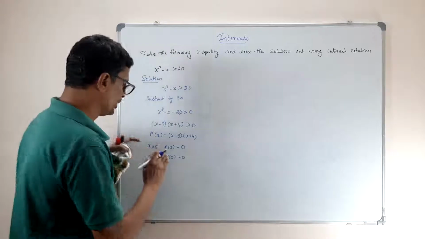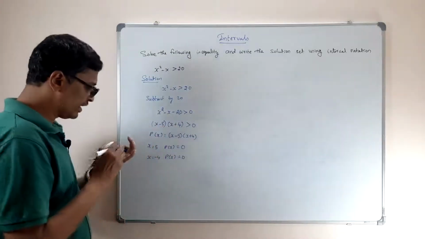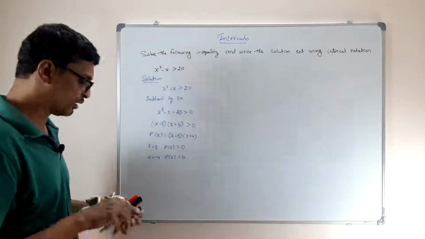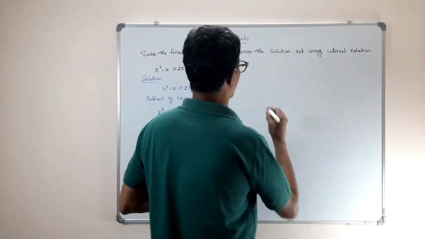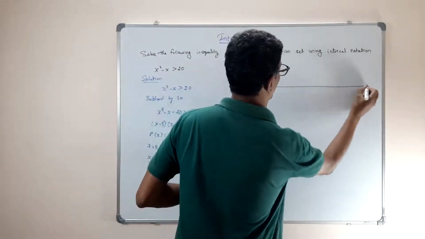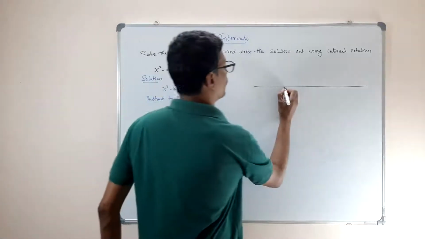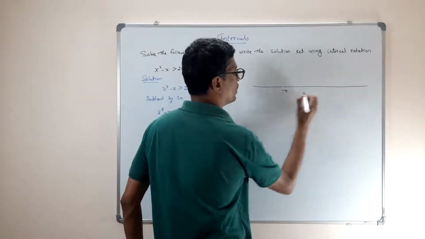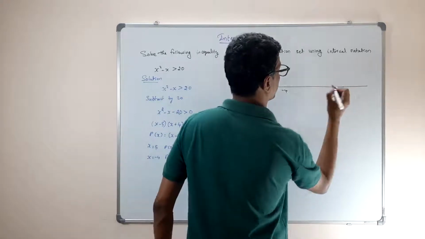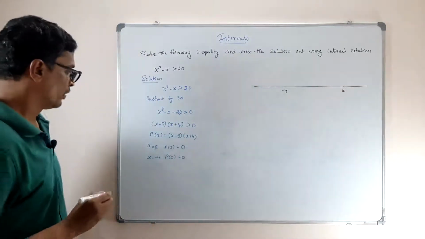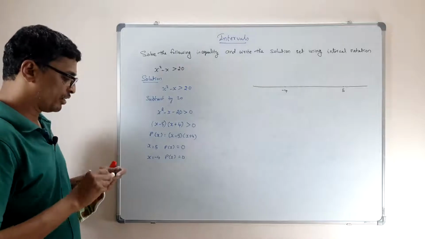Now let us again draw the number line. We take the points minus 4 and 5. It is divided into how many regions?